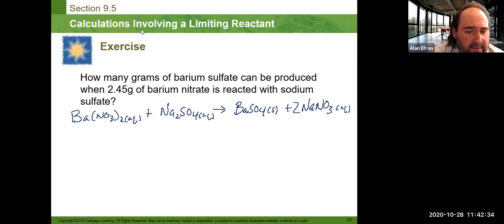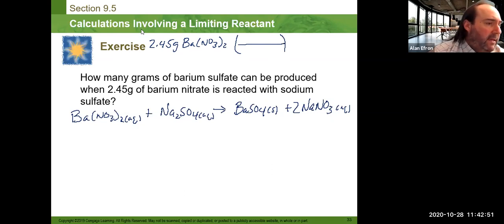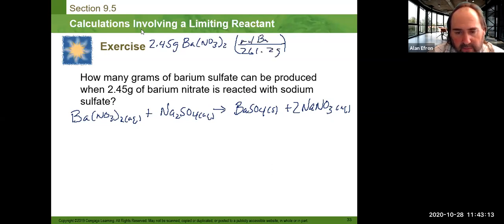We then want to basically convert each of these into moles. So we're going to take 2.45 grams of our barium nitrate, and we're going to use the molar mass from the periodic table to convert it. It looks like if we do that, 137.2 for our barium, plus there are 2 nitrogens times 14.01, plus there are 6 oxygens, each at 16, gives us something like 261.2 grams per mole of our barium nitrate.